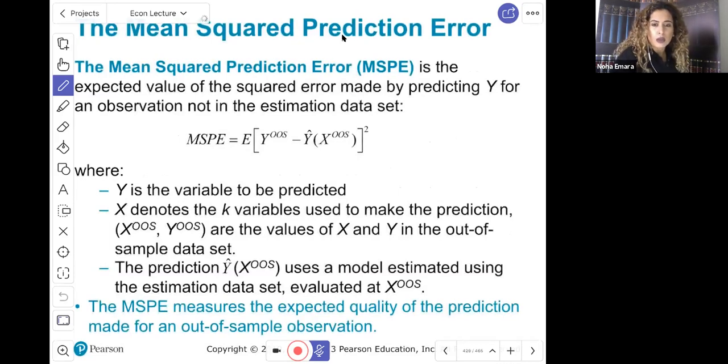So when I want to see how well my model is performing, I take my actual y, and OOS is out of sample. Okay, so I have a model, as I mentioned in an example, 1980 to 2000. I'm going to divide it into half.